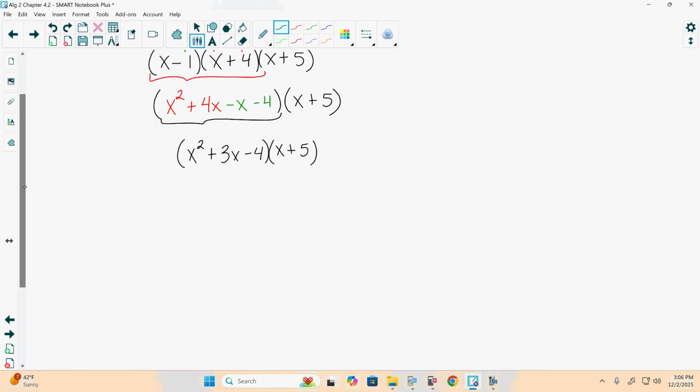And then lastly, we're going to multiply one more time. So we're going to distribute the x squared first. X squared times x is going to be x cubed. X squared times 5 is going to be plus 5x squared. 3x times x is going to be plus 3x squared, and 3x times 5 is going to be plus 15x.